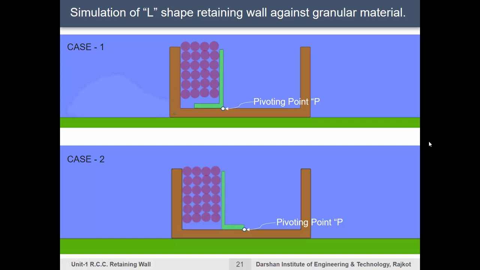Here case number 2 is unstable and not case number 1. This slide totally contradicts our previous slide's theory, which said that if the projected leg of the retaining wall is in the leeward direction, it is more stable than its mirror image. Why is it so?